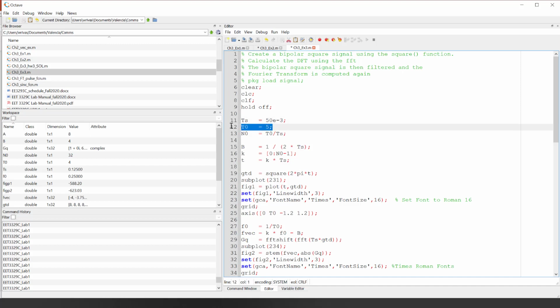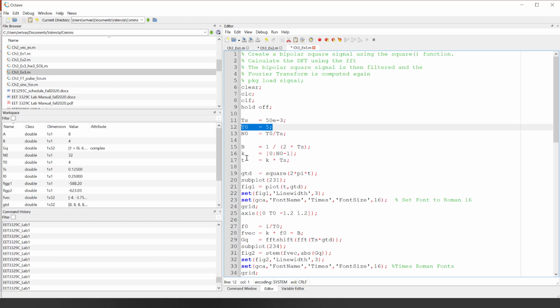I'm going to say T0 is 5 seconds, so I'm going to let the signal run for 5 seconds, and I can calculate N0. Again, B is going to be, actually this is FFS, but here I accidentally called it B. Let's just go ahead and roll with that because I should have called it FFS.